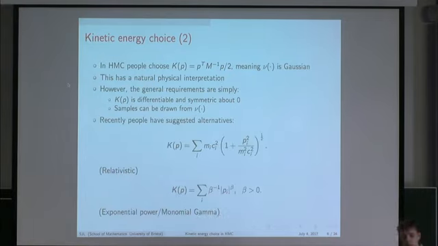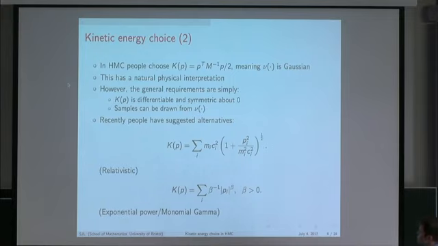People have picked up on this in the literature, and recently a couple of alternatives have been suggested. One of them is this relativistic family of kinetic energies, which was suggested by Lu, Perrone and co-authors. It again has a physical interpretation, but it's based on understanding the dynamics of very large bodies, with a very high mass.